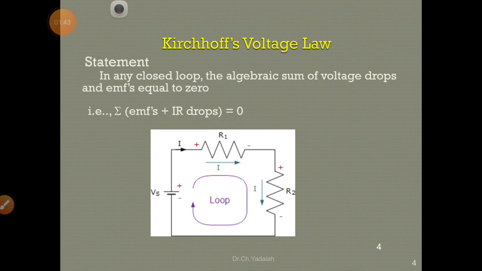Definition. What is the statement now? In any closed loop, the algebraic sum of voltage drops and EMFs is equal to 0. What is the meaning? In a closed loop, for example, you take your own family.